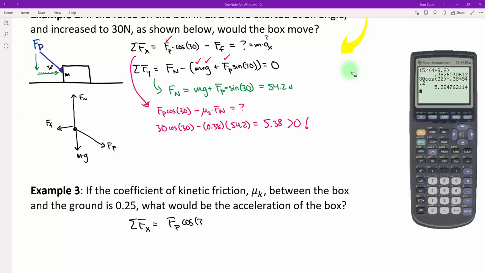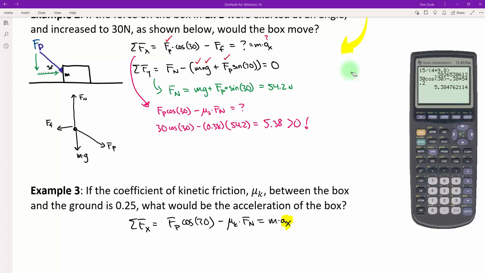Now we've got values for it, but I'm going to write it as an expression first, minus mu k times the normal force equals m times ax. We can solve for the ax. That's an unknown. We've got every other value, and we can plug in the numbers and solve.